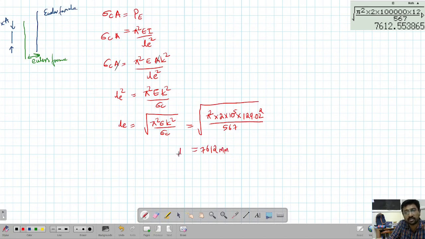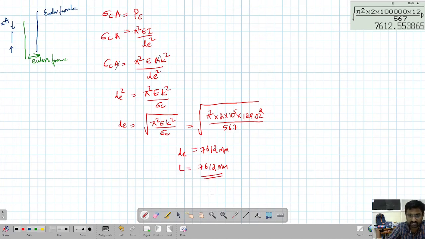So this is the effective length. Above this length, we can safely use Euler's formula because that will give a lesser value. Since the column is simply supported, the original length is the same as the effective length, so 7612 mm. Less than this length, Euler's formula tends to give more value than the short column formula.